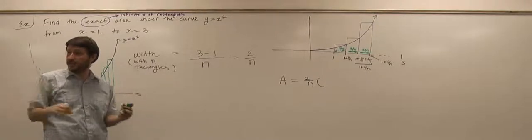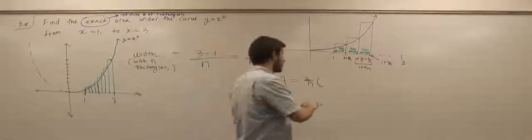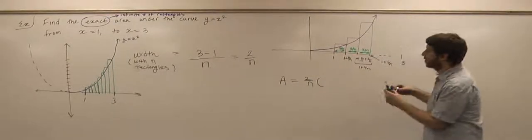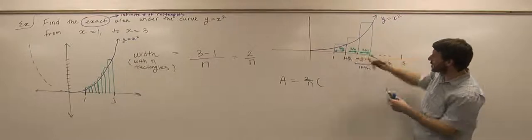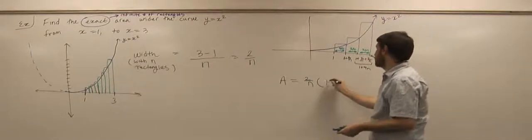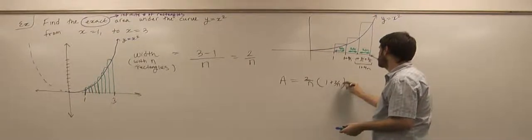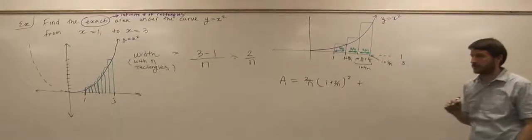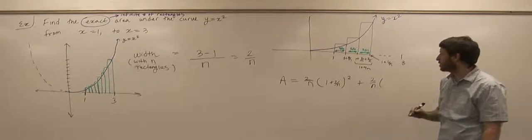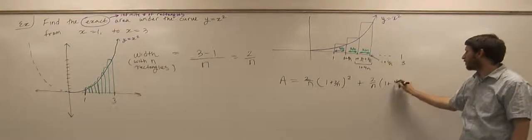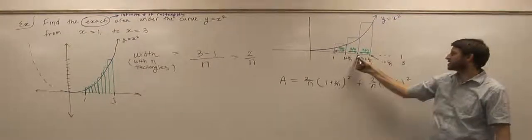Because you have to plug it into the function. The function is y equals x squared. So you take this guy and plug it in. 1 plus 2 over n plus 2 over n times 1 plus 4 over n squared, because that's my next endpoint.